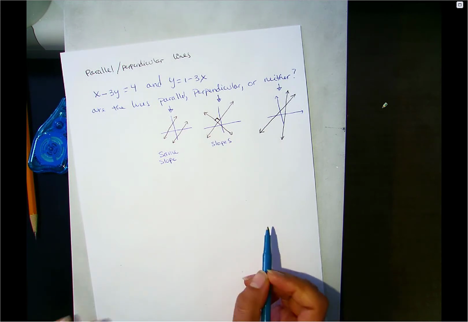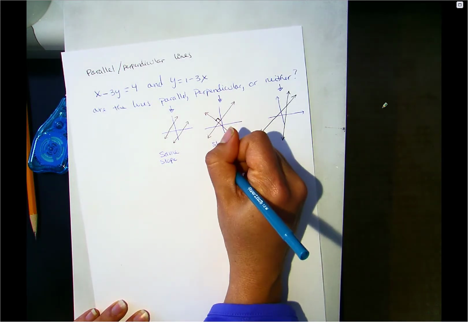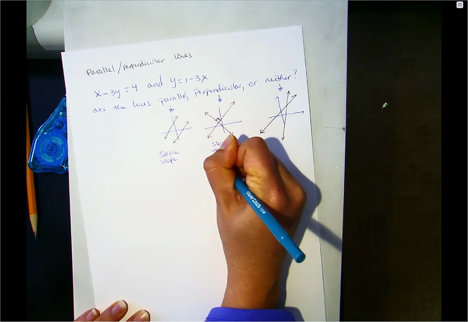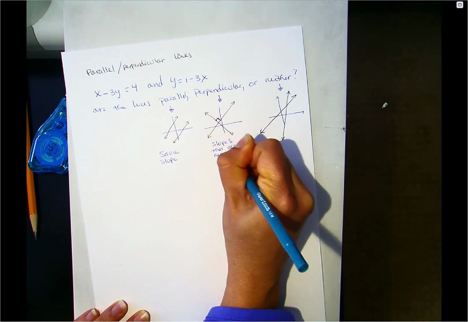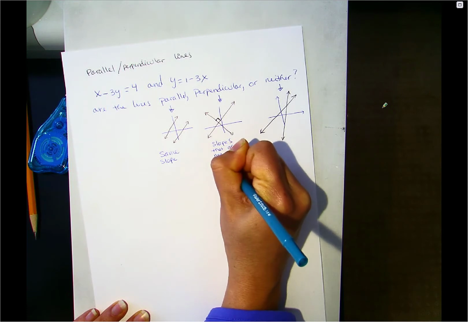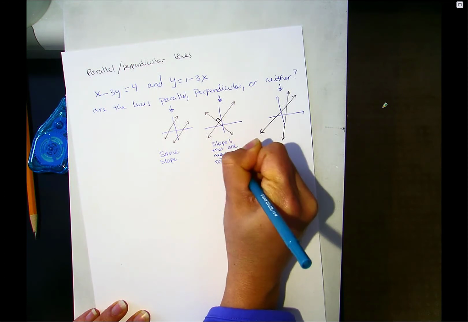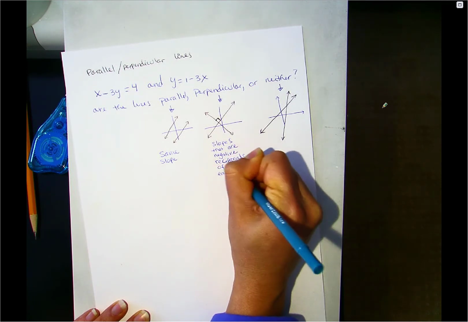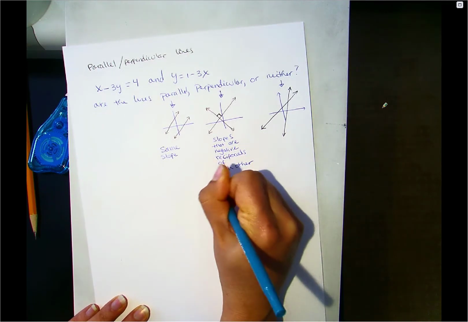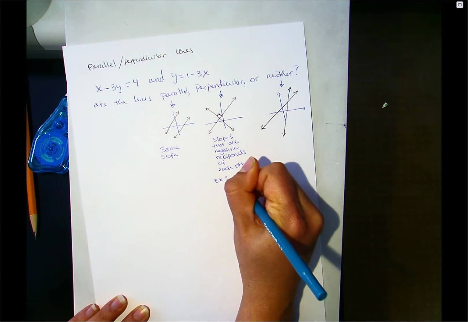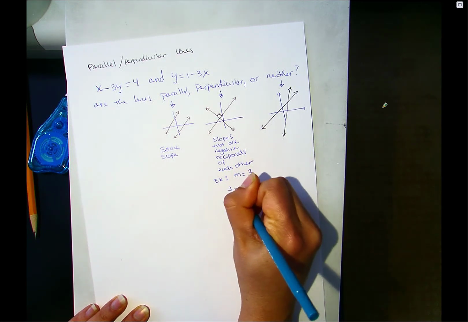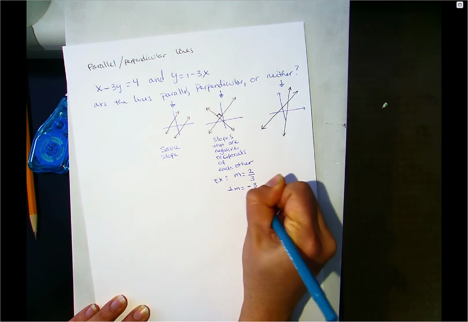So perpendicular lines have slopes that are negative reciprocals of each other. So for example, if one line has slope 2/3, a perpendicular line will have slope negative 3 over 2.